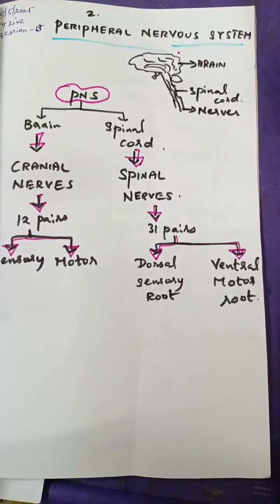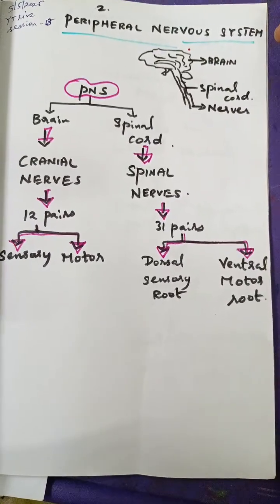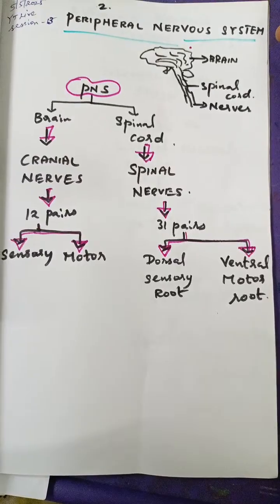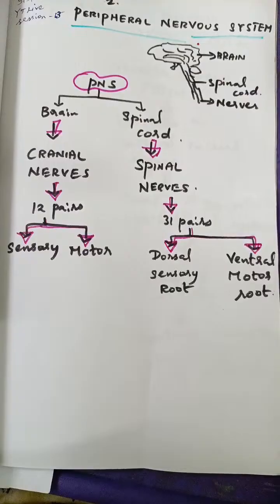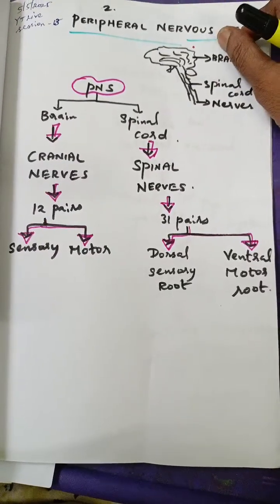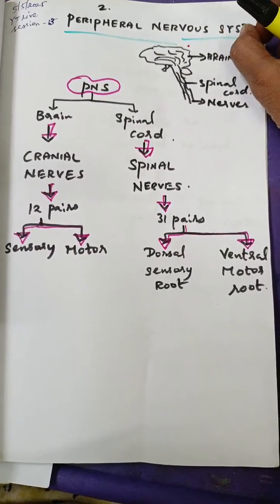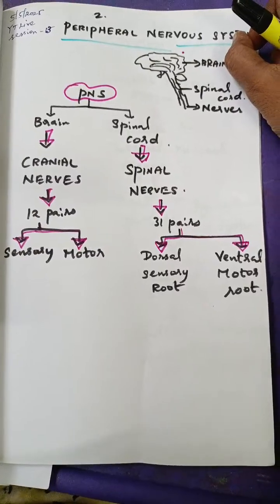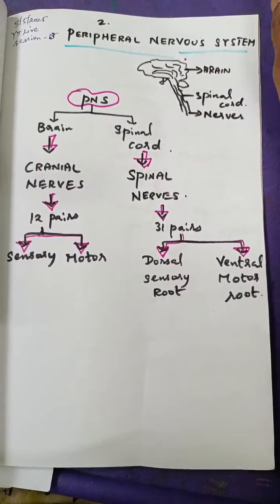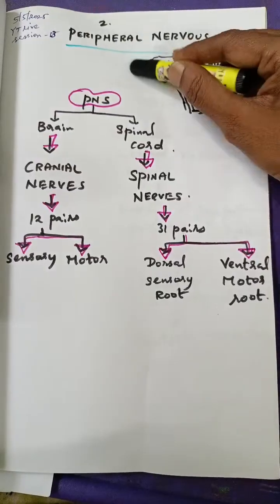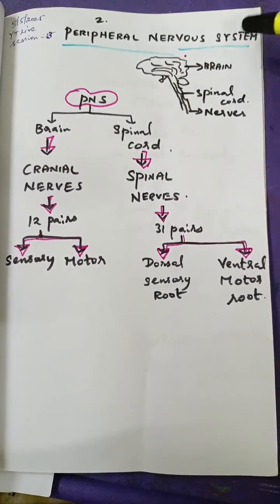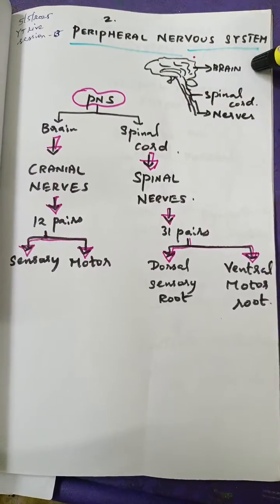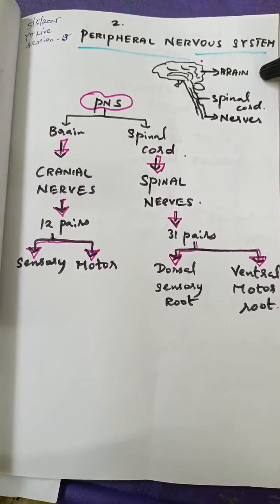Your nervous system consists of three parts: the central nervous system, the peripheral nervous system and the autonomous nervous system. The central nervous system constitutes the brain and the spinal cord. We studied the structure of the brain: it consists of forebrain, midbrain, and hindbrain.